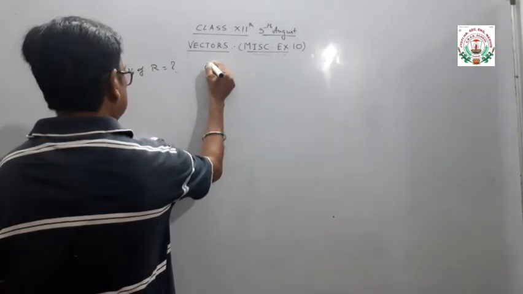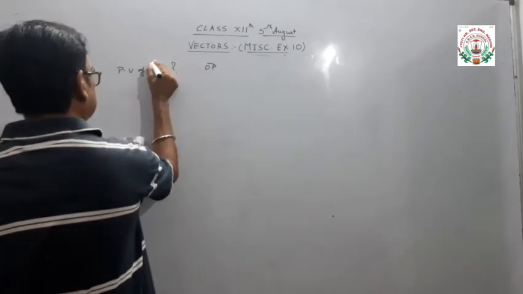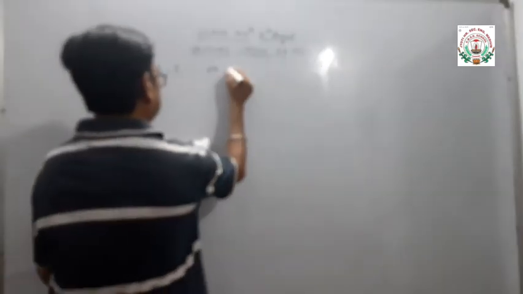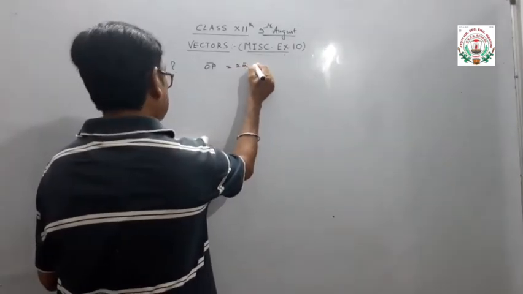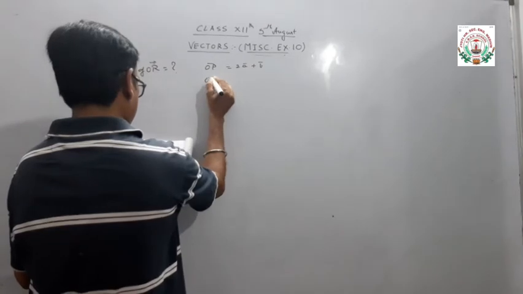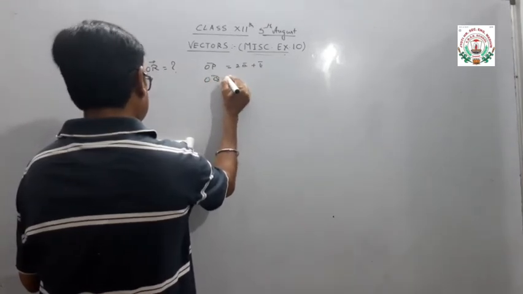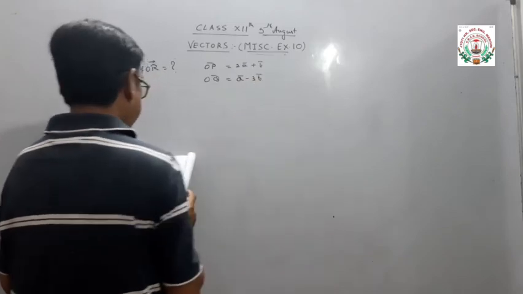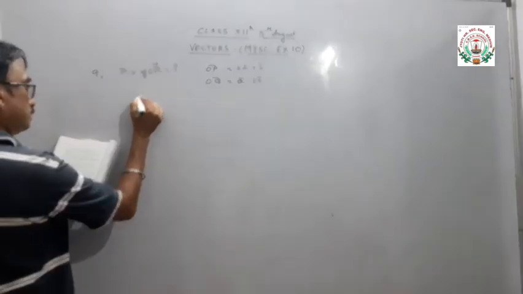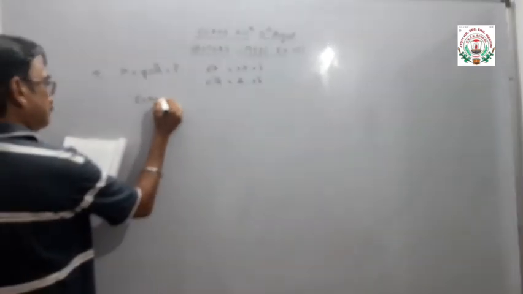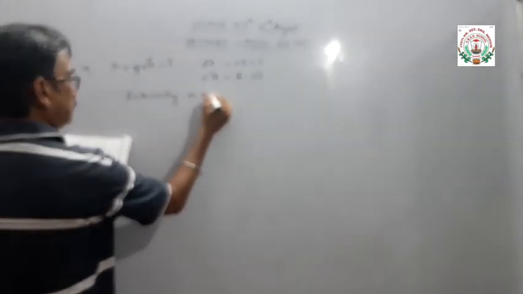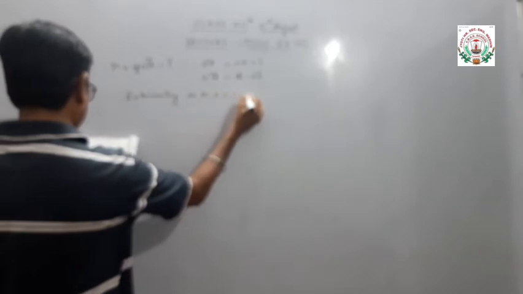So OP, position vector of OR ले लेते हैं अपन with respect to origin. OP हमारा हो गया 2a वेक्टर प्लस b वेक्टर. OQ वेक्टर हो गया हमारा 3a माइनस 3b वेक्टर. एक्सटर्नली डिवीजन है और रेशियो दिया हुआ है m/n 1:2.